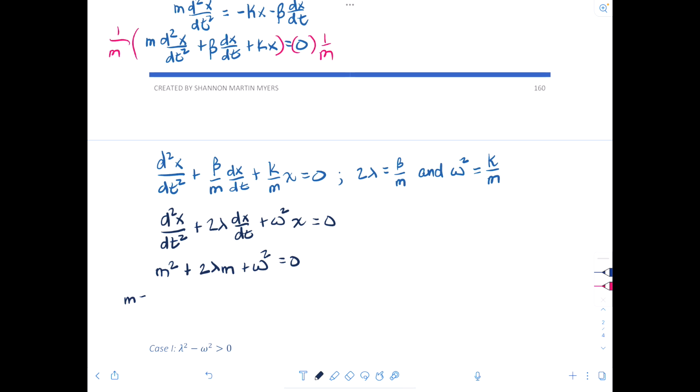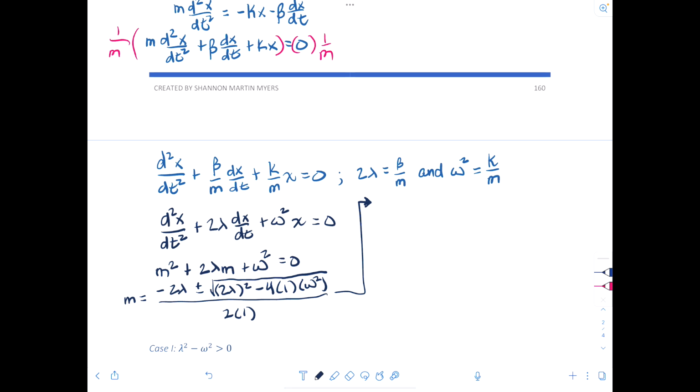So m will equal, the coefficient of the m term is 2 lambda, so the opposite of 2 lambda, plus or minus the square root of 2 lambda squared minus 4 times 1 times omega squared, all over 2 times 1. And that's just using our quadratic formula.